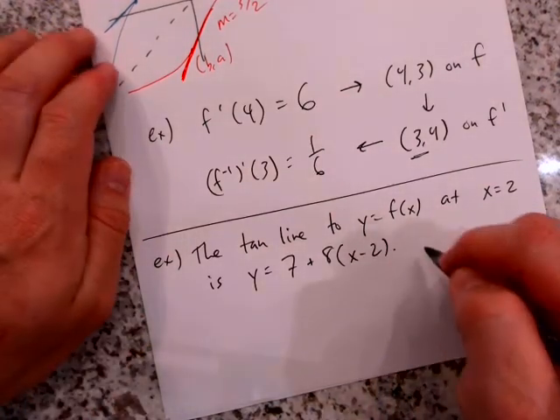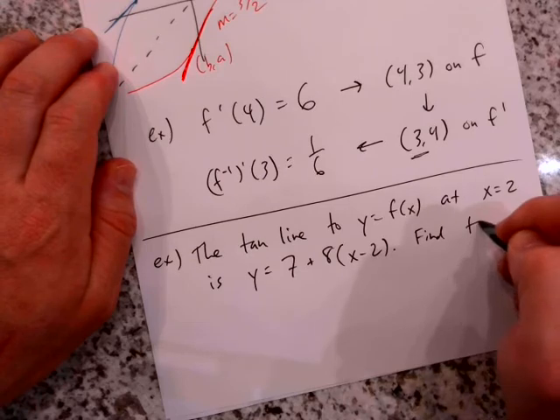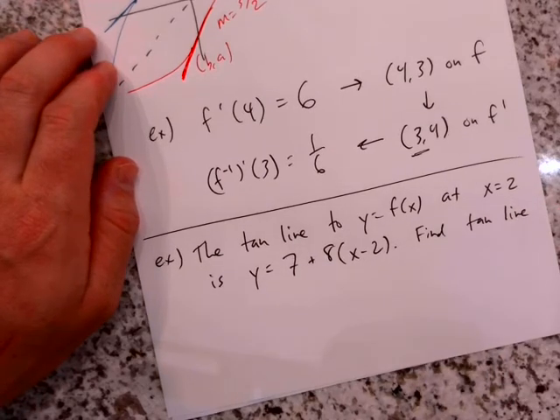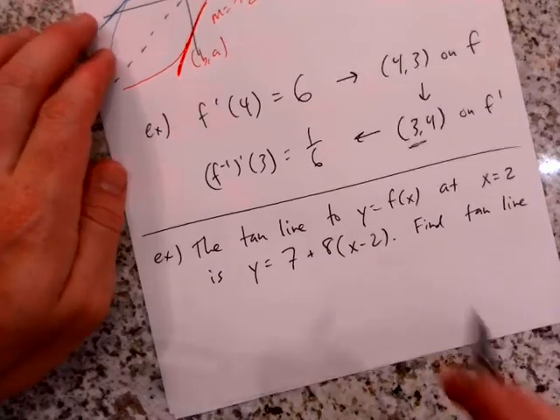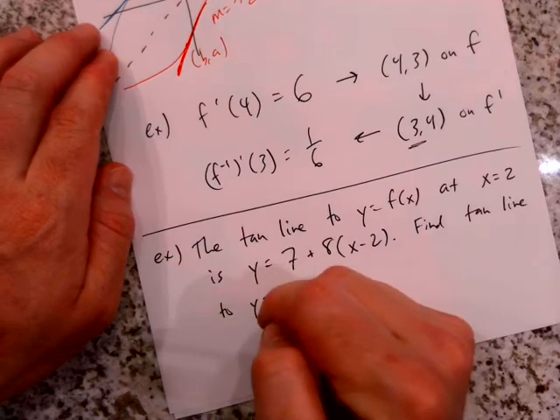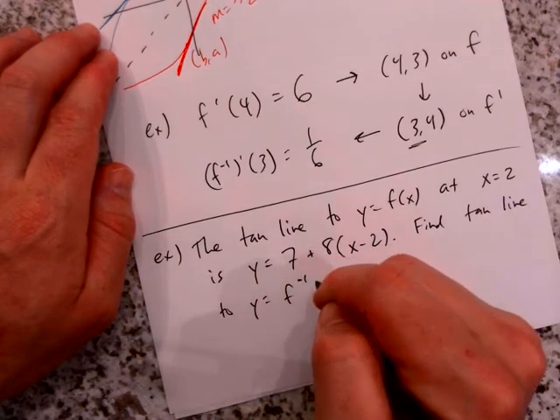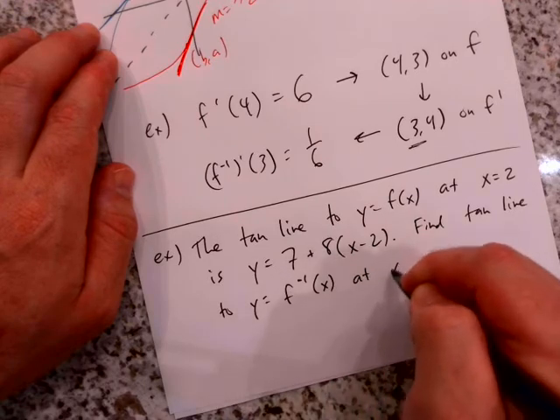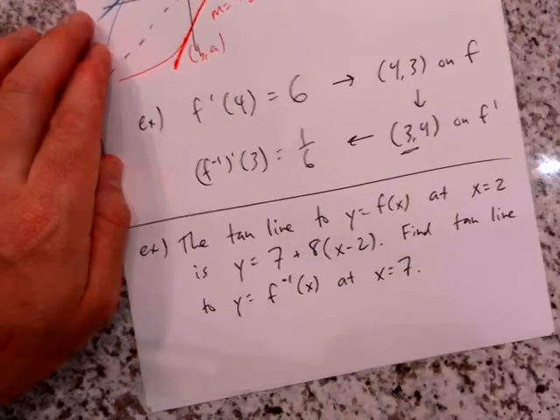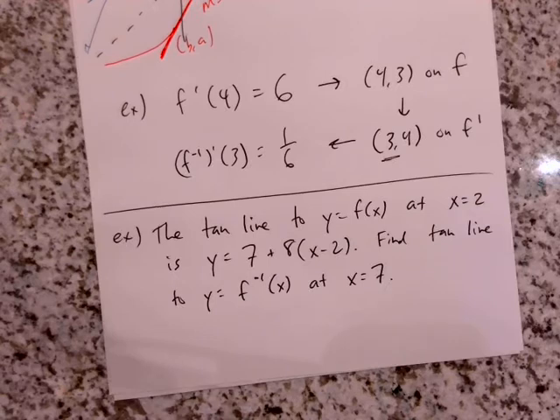And you want to find an equation of the tangent line to the inverse function at x equals 7. Right, so press pause and give this question a try. You know the tangent line to f at x equals 2. You want to find the tangent line to f inverse at x equals 7. So press pause, and when you're ready for the solution, press play.